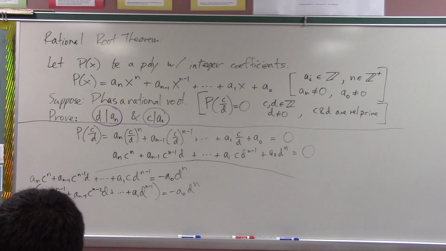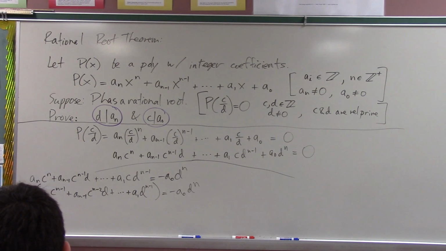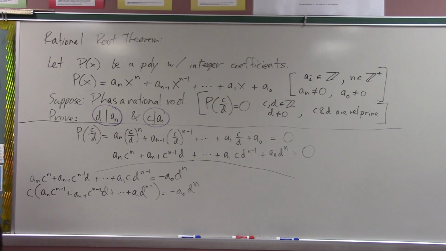But notice that, remember that C and D are relatively prime. So, do I want to divide by C? No, I think we just look at it and use that thing over here, right?